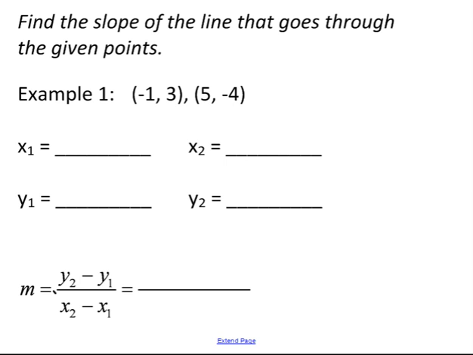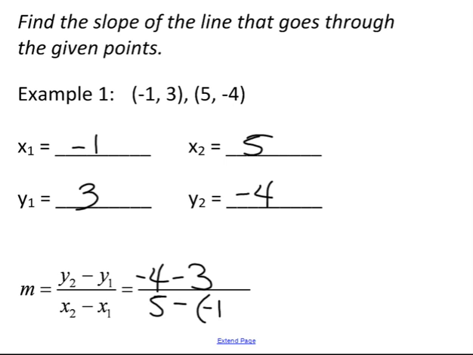I erased too much here. So -1, 5, 3, -4. I need my second y value, which is -4, and I have to subtract my first y value, which is 3. Now I take my second x value, which is 5, and subtract the first x value, which is -1.